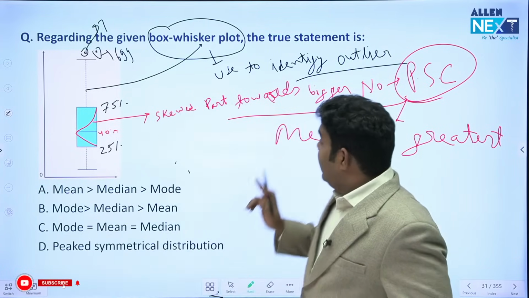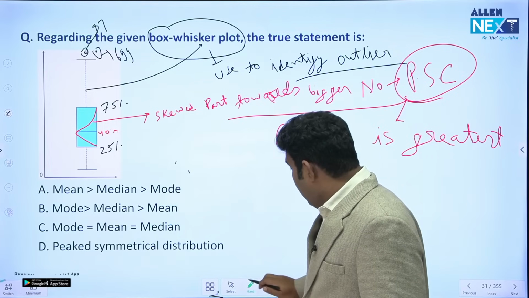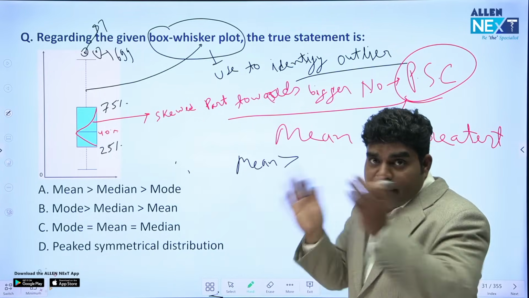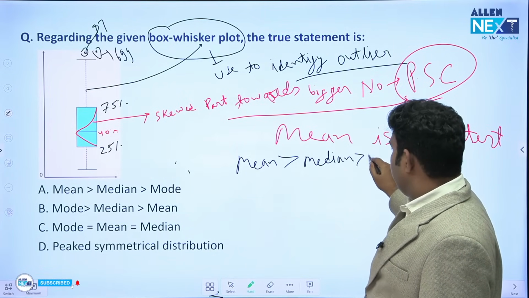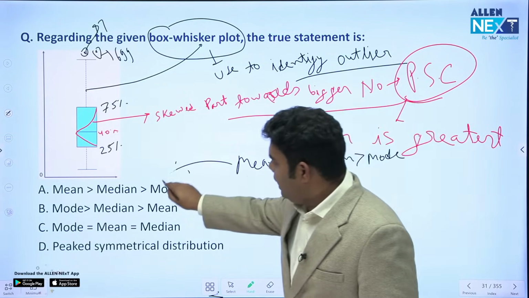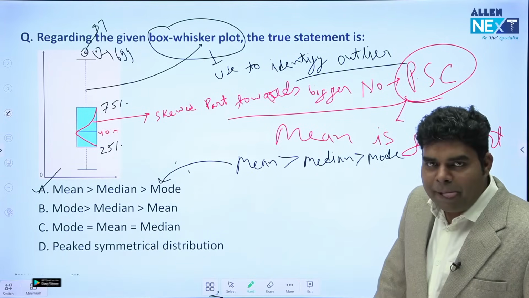So if you remember this line that mean is greatest in a positive skewed curve, तो पहला हो जाएगा mean. बीच का कौन है हमेशा? Median. और आखिरी हो जाएगा mode. और करेक्ट आंसर होगा ऑप्शन A, mean, median, mode, क्योंकि यह है positive skewed curve.